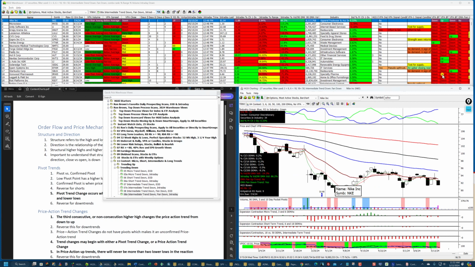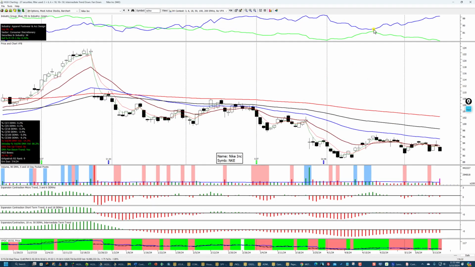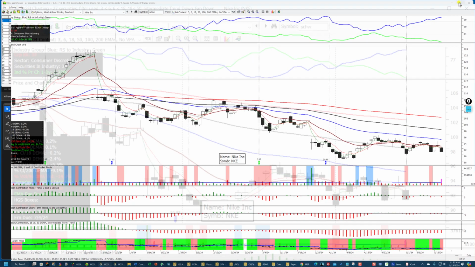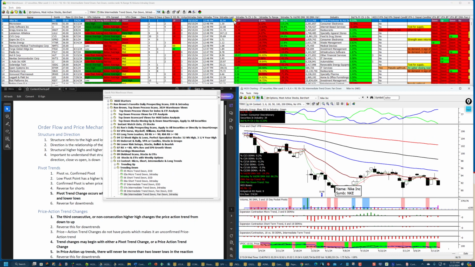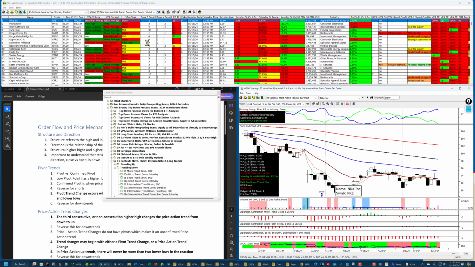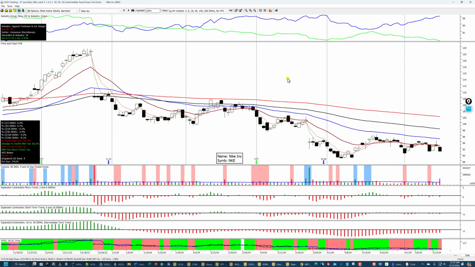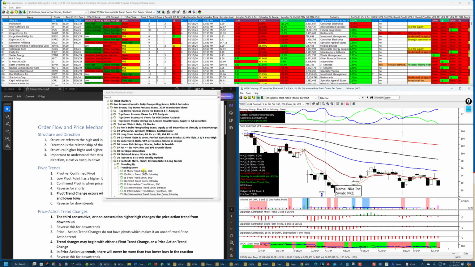And here's a familiar name, Nike. So I immediately know that Nike is in a downtrend with the fan down, and intraday it is down again. It's extremely weak right now. But just by flipping through these trends, the scans, I know immediately what the context of a stock is.